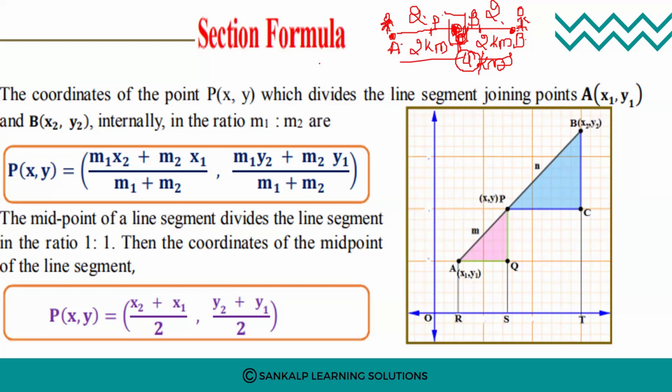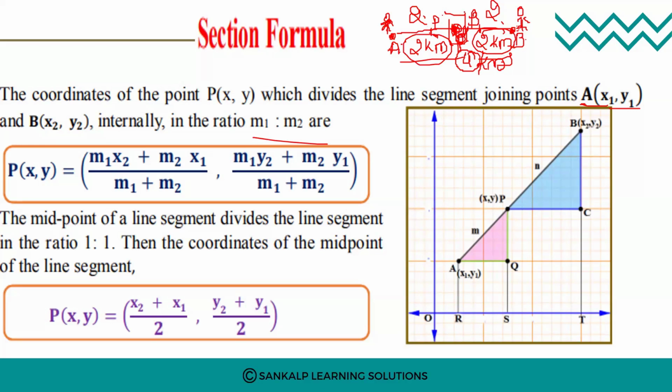That means the coordinates of the point P(x, y), which divides the line segment joining points A(x1, y1) and B(x2, y2) internally in the ratio m1:m2. Internally means what? So total distance is 4 kilometers. It divides this internally. Okay, so this is m1 is to m2.